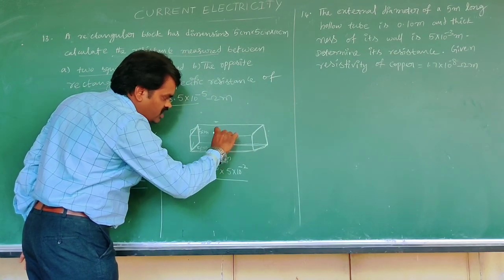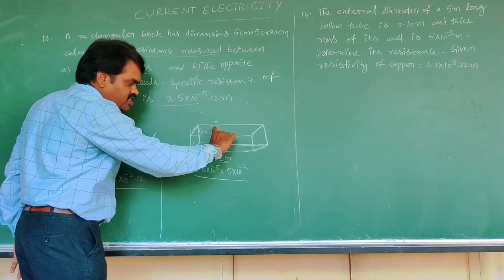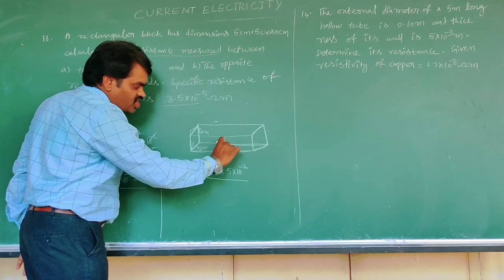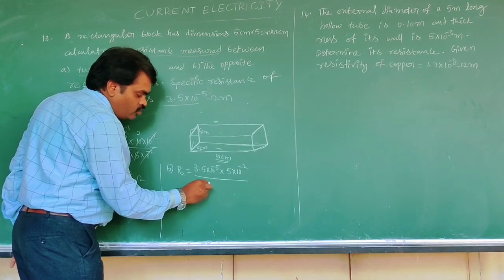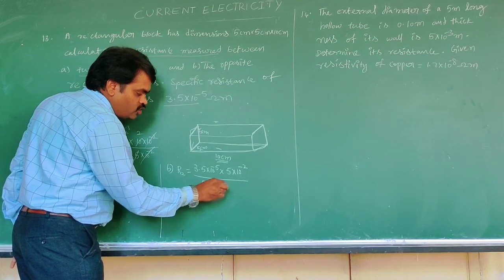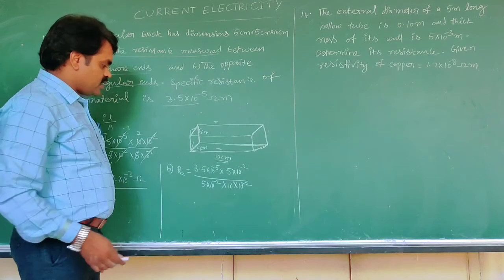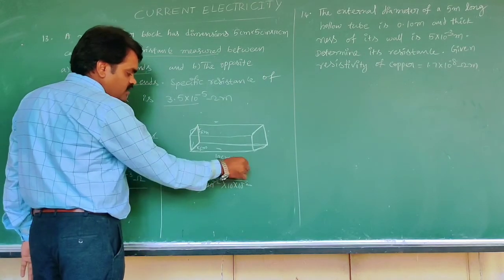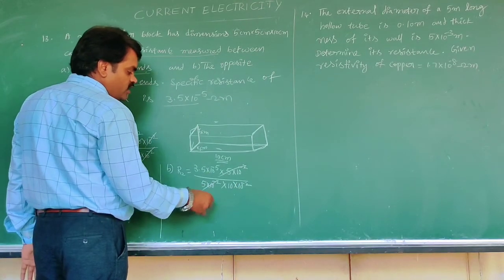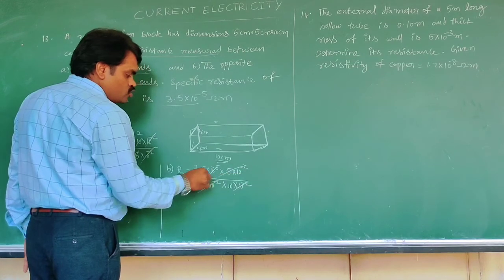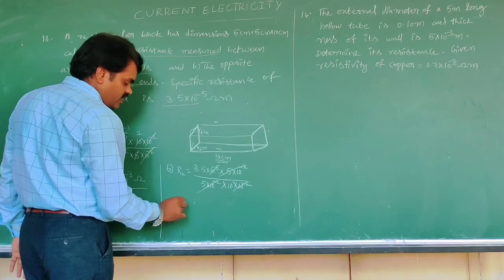This is the cross section for the opposite rectangular ends, area 5 into 10 to the power of minus 2 into 10 into 10 to the power of minus 2. Now this cancels.